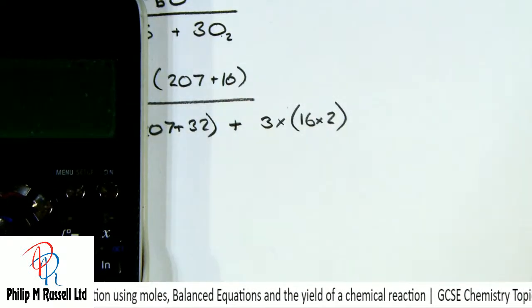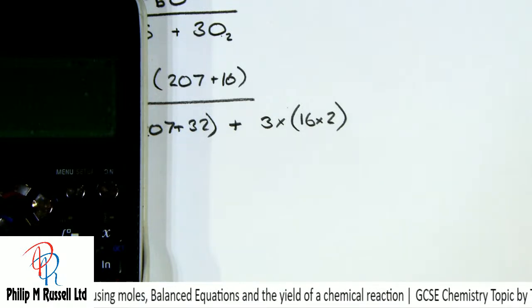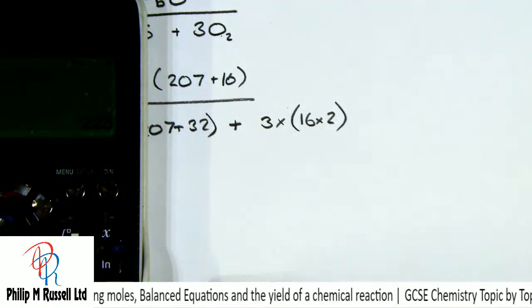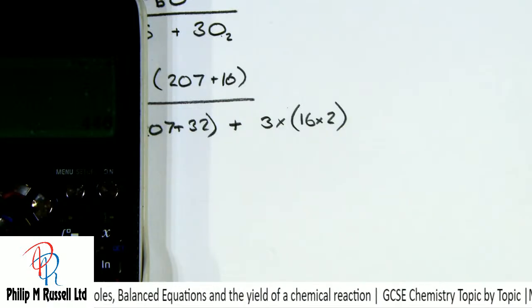So I've got 207 plus 16, 223, and I've got 2 of those. So that's going to give me 446.